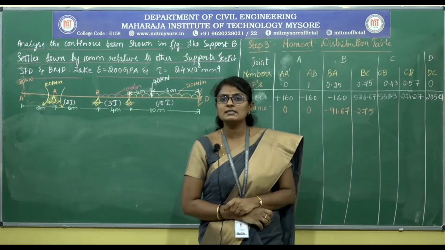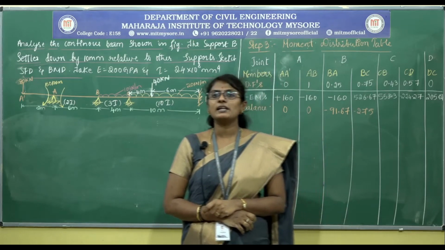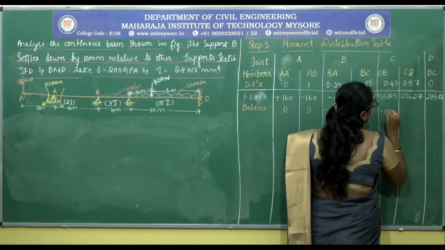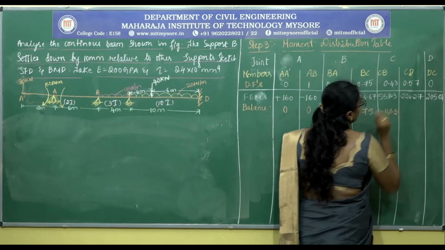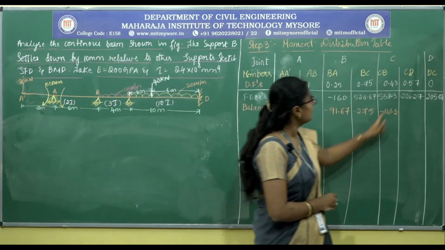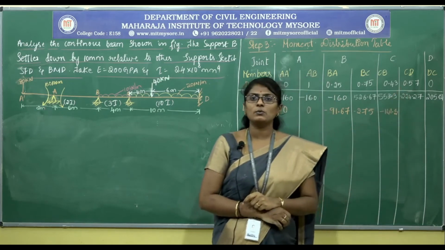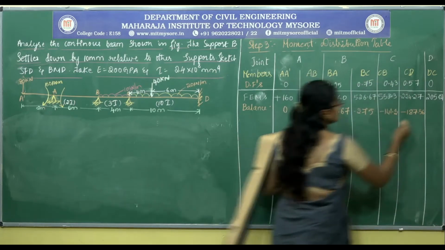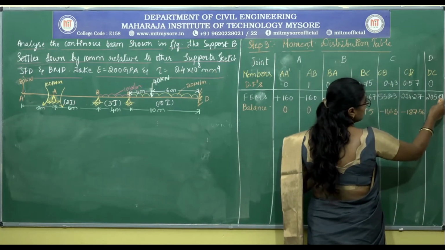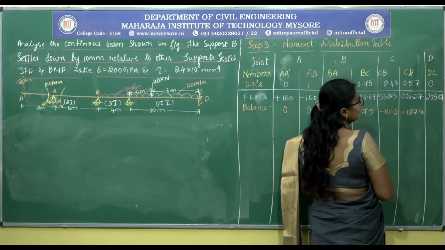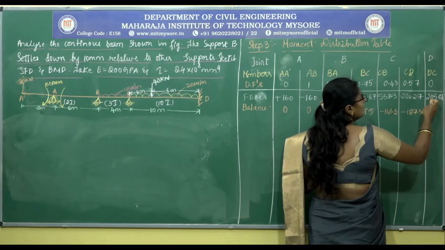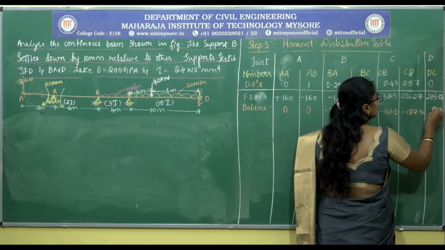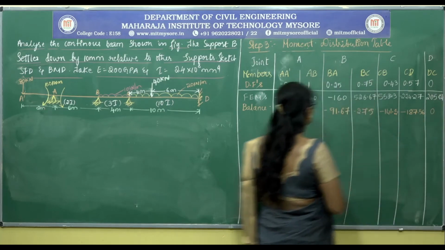In order to balance this, we need to consider minus 329.06 multiplied by 0.43, minus 141.5. 329.06 multiplied by 0.57, 187.56. So this again 205.07 is the unbalanced moment. In order to balance this, we consider minus 205.07, which is multiplied by 0 will again give you 0.